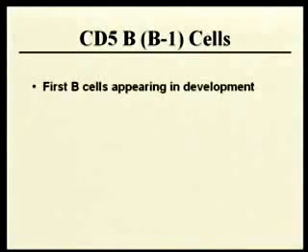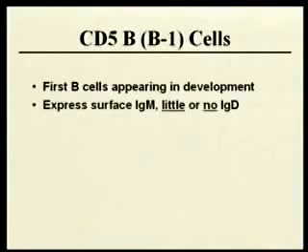If you look at the CD5 cells versus the typical B cell, these B cells are the first ones that appear during development, more immature B cells. They're different in that they express IgM with little or no IgD on the surface.